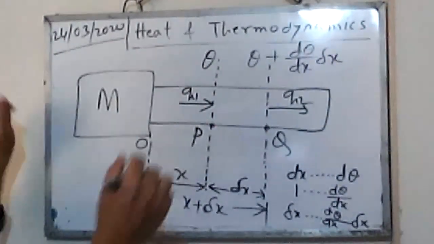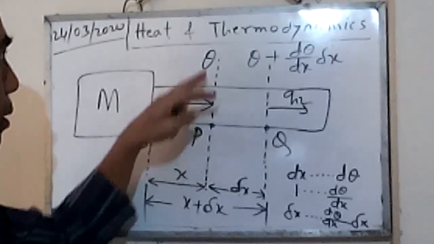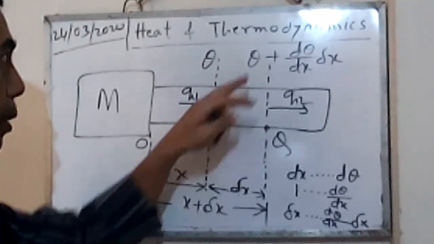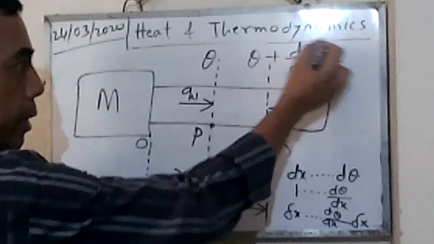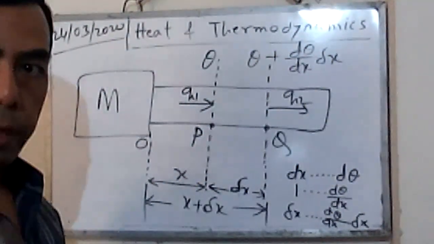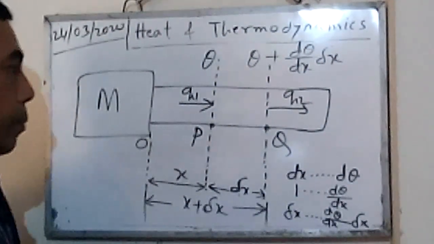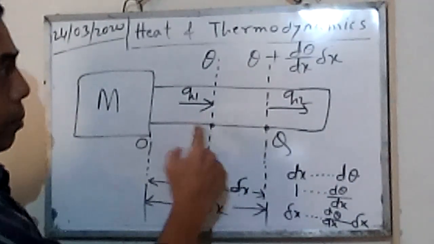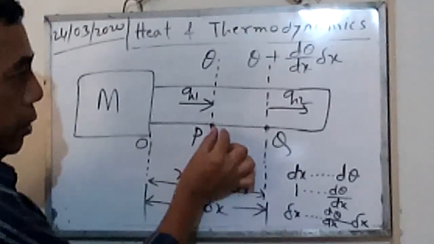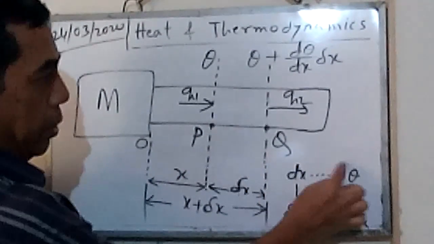Okay, dear student, the temperature at point P is theta and at point Q is theta plus d theta by dx del x. This d theta by dx del x is the change of temperature from point P to point Q. Suppose for each dx distance the change of temperature is d theta.